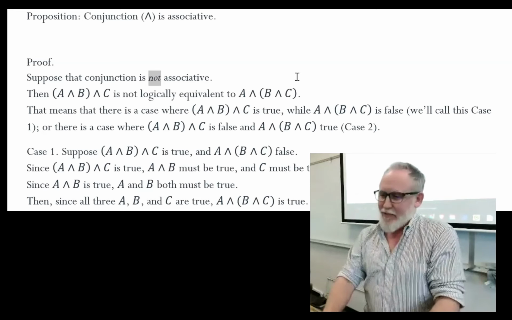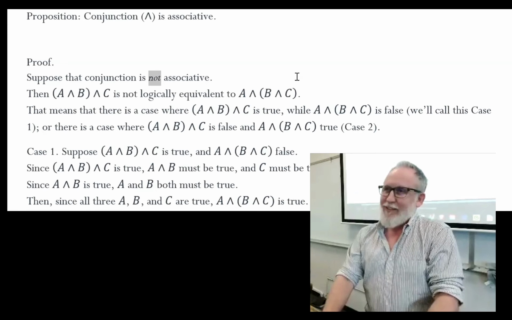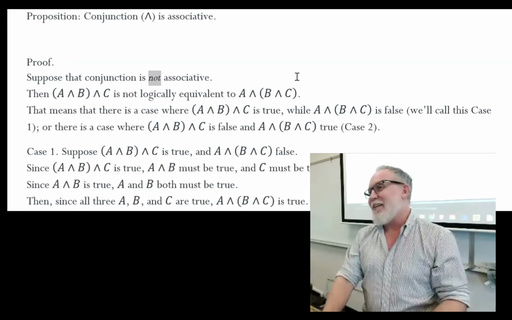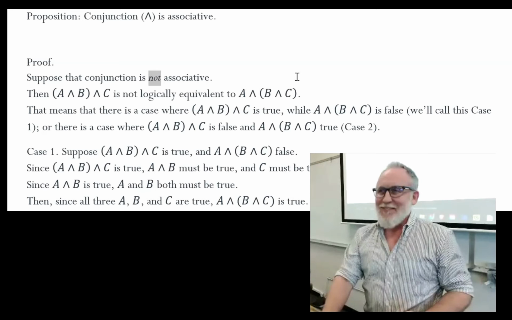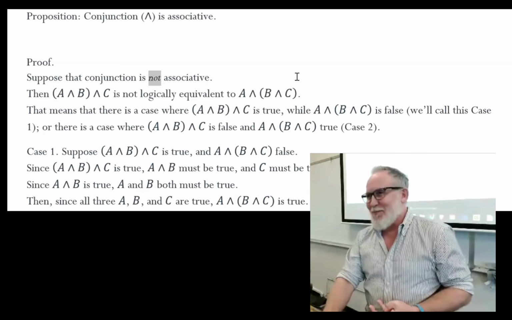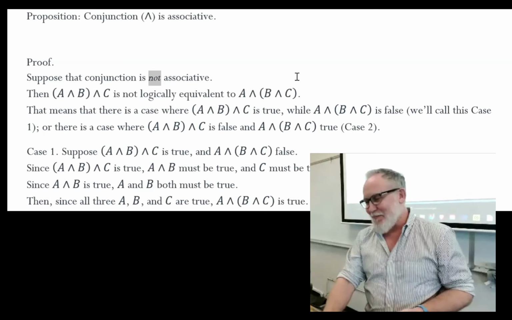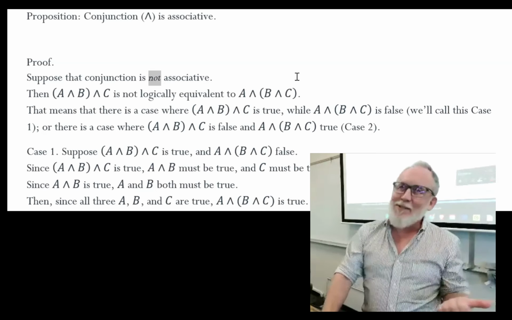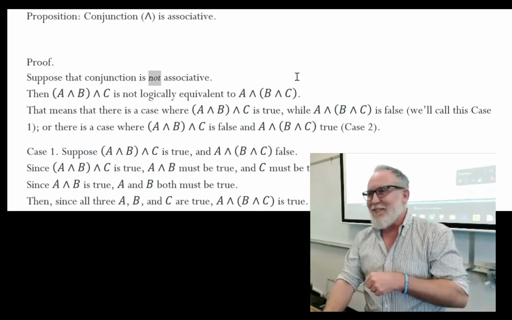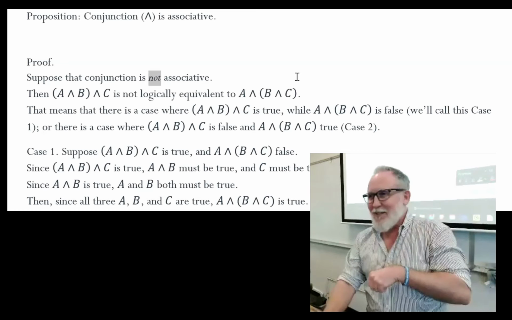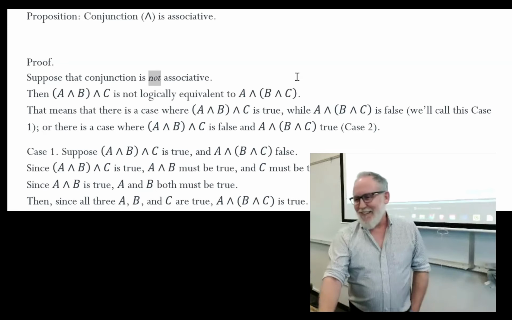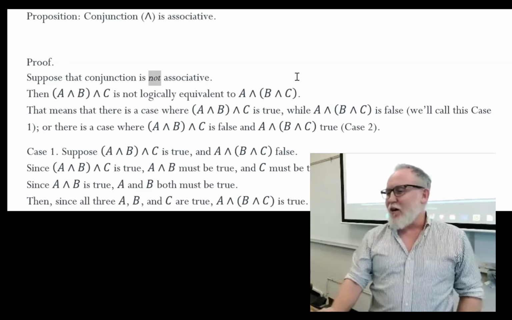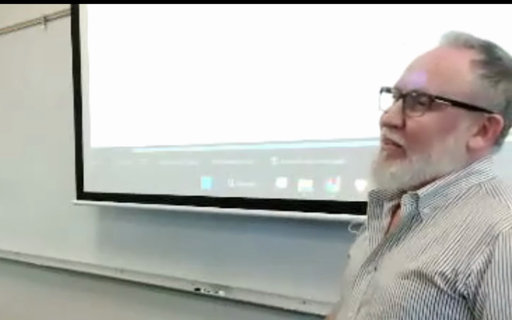And then we're going to show that gives a contradiction, and therefore we know that the opposite of what we assumed is true, which is what we really wanted to prove. So this is a reductio ad absurdum. You assume the opposite of what you want to prove, show that the assumption leads to a contradiction, and then you prove what you really want to prove. It's a little convoluted.